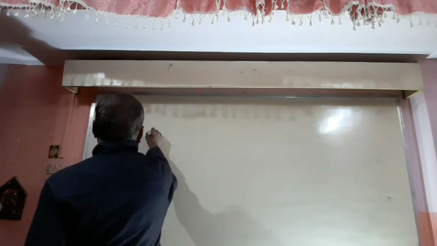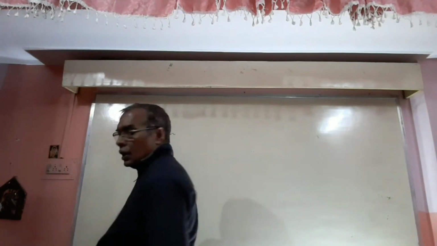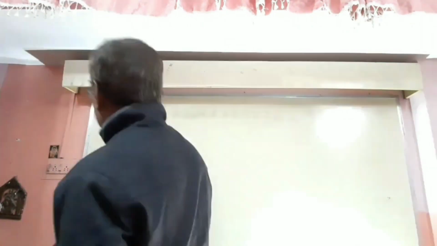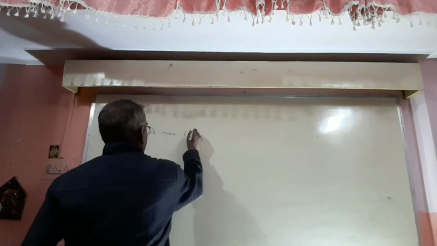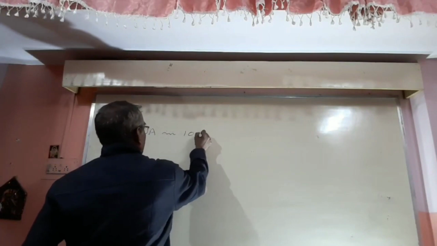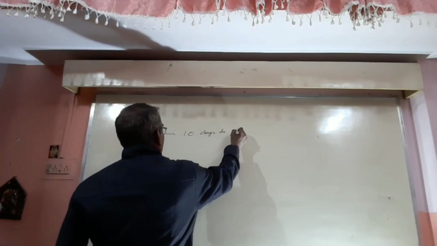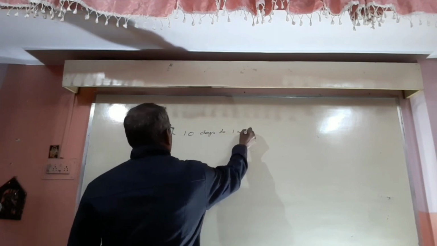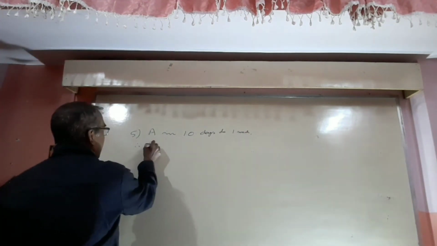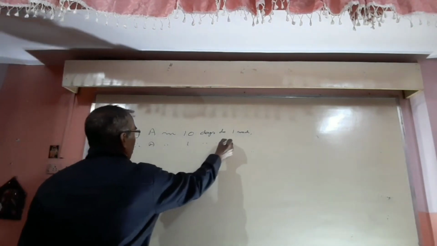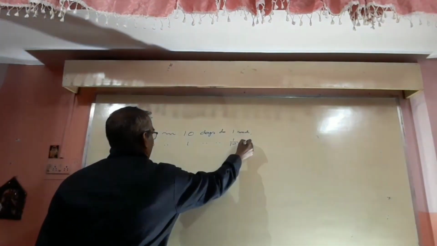So A, I'm going to start now. A in 10 days does how much work? 1 work. So A in 1 day does how much work? 1 by 10 work.